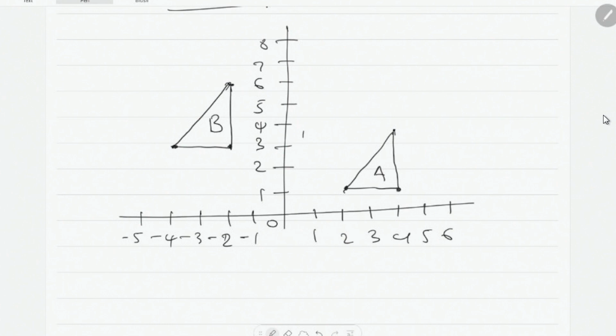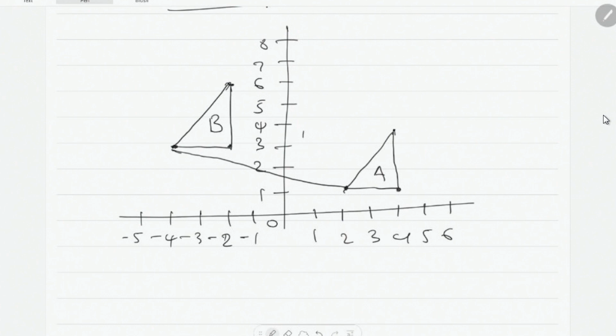And now when I talk about corresponding points from the object to the image, let's say I join the two. I join the corresponding points, connecting that point from triangle B to triangle A, and then I also connect from that point to that.